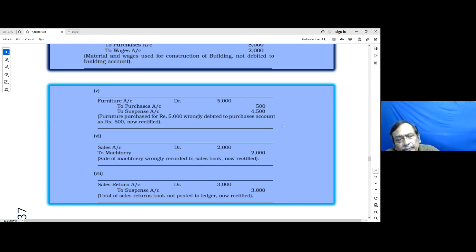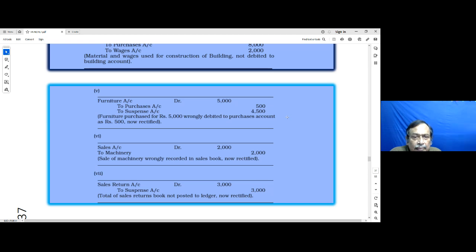Then furniture purchased for 5,000 wrongly debited to the purchase account as rupees 500. So furniture account is a real account, what comes in should be debited by 5,000. Purchase account you have wrongly debited should be cancelled by 500 and the balance will come to the suspense account as rupees 4,500.